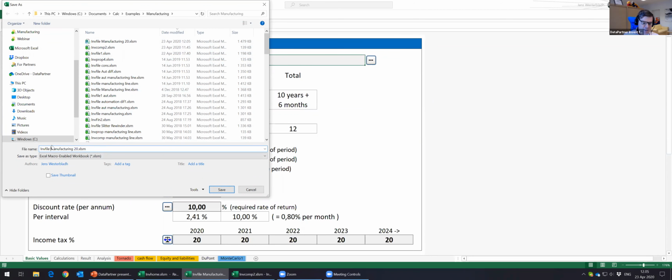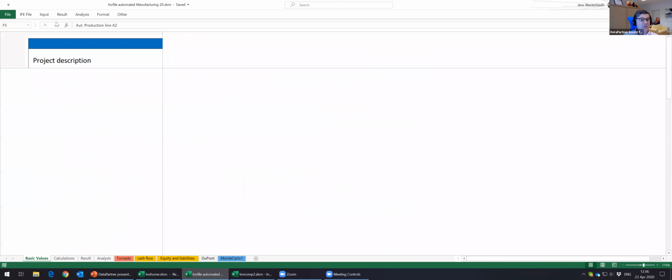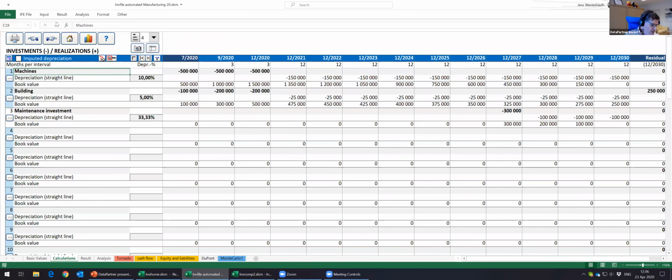So this is automated production, manufacturing, automated production line, alternative 2. Otherwise, these basic settings are the same. No changes there. Then I go to the investment table and we look at what it says in the case.